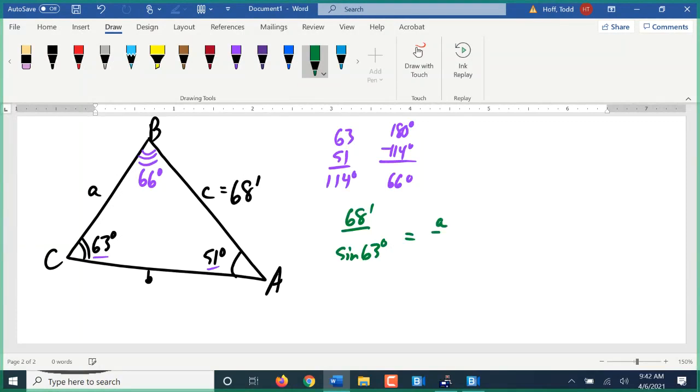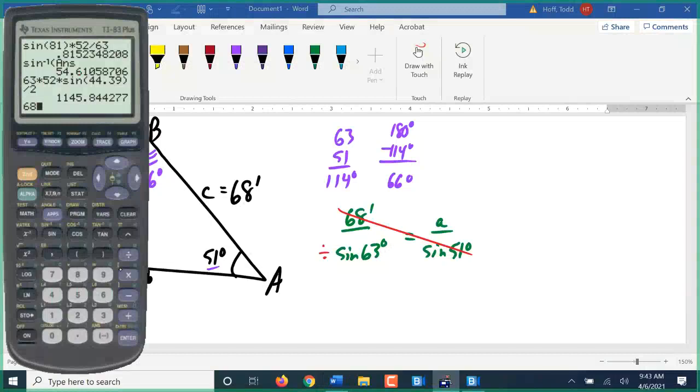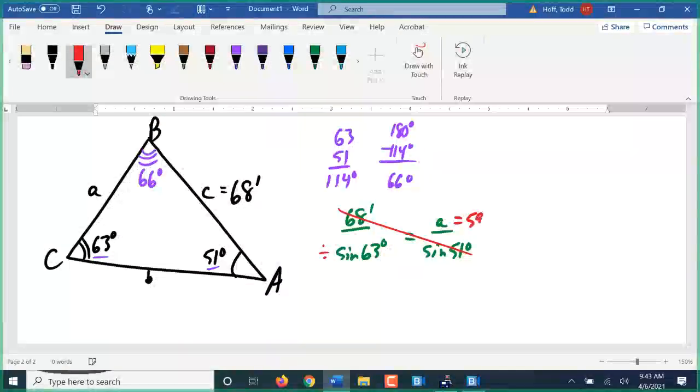So I'm going to do side A over the sine of 51 degrees. We will cross multiply and divide here to find our missing side. So 68 times the sine of 51 divided by the sine of 63. 59.31 is what that length becomes. So this is 59.31 feet.